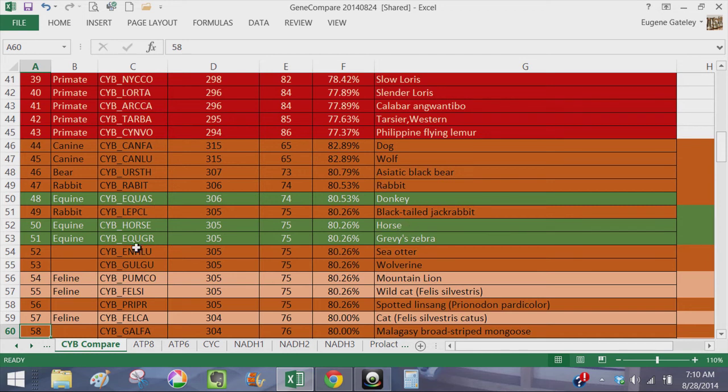Some of them, like canines, you've got the basic dog, Canis familiaris. You've got a wolf, which are obviously related.